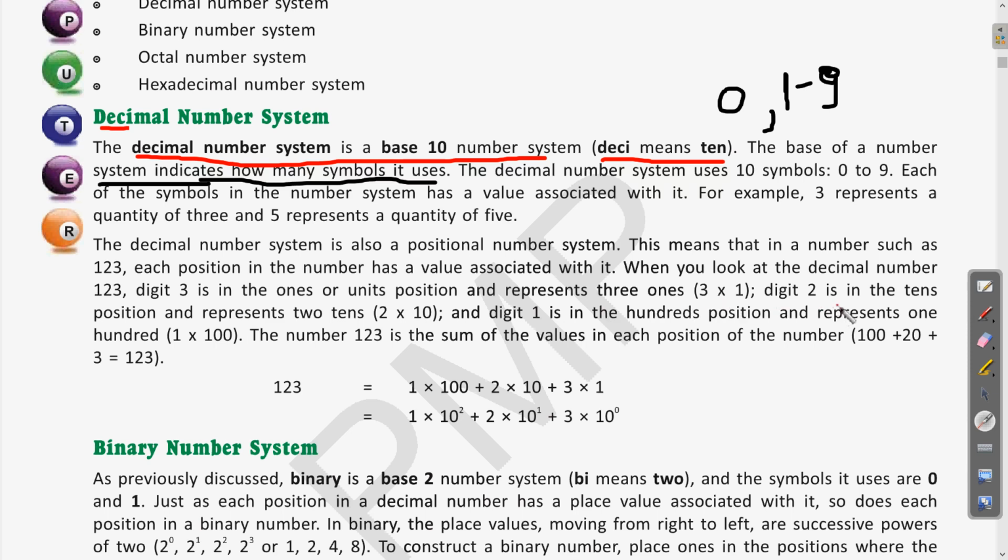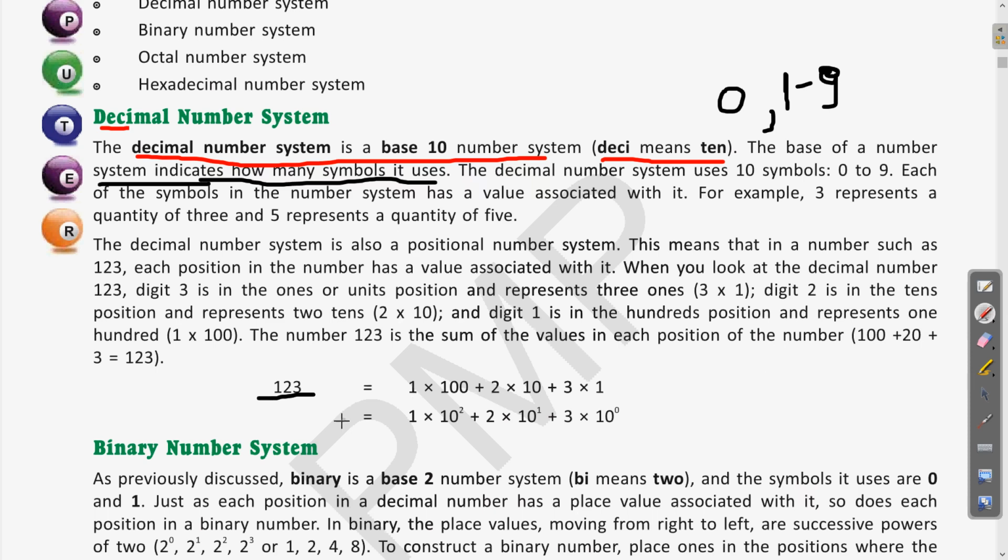Then digit 2 is in the tens position and represents 2 tens, that is 2 into 10. And digit 1 is in the 100 position and represents 1 into 100. So as you can see, with 3 digits in the number 123, each digit has a different value according to its position.